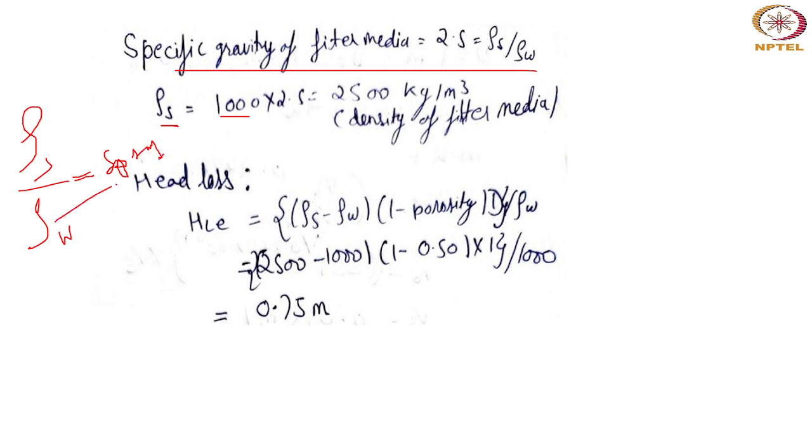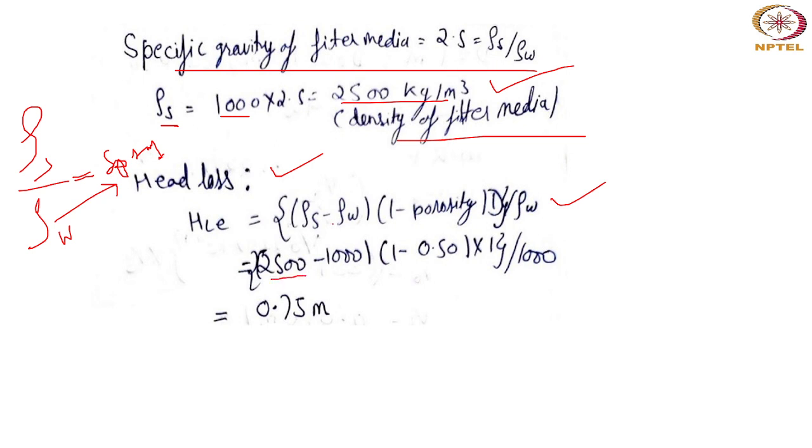So if you multiply with the density of water, we will get the density of filter media. So density of filter media is 2500 kg per meter cube, and head loss, we know this formula: head loss equals (rho s minus rho w) multiplied by (1 minus the porosity) into d divided by rho w, right?